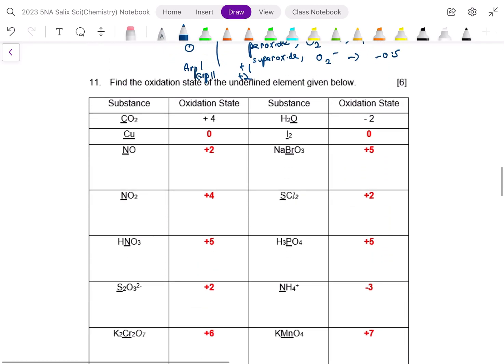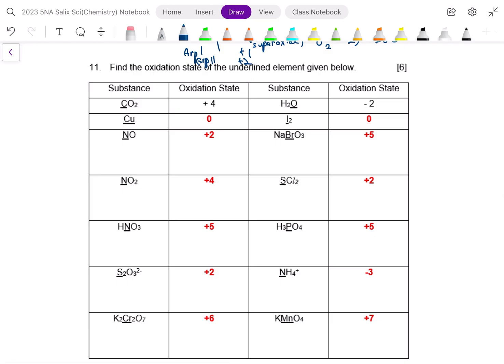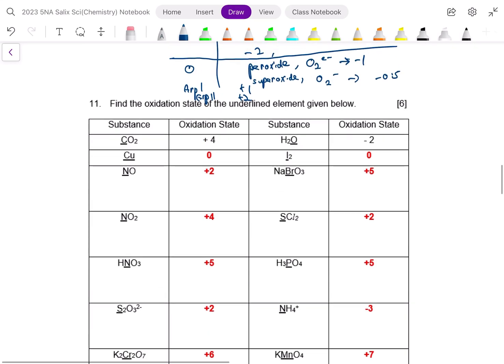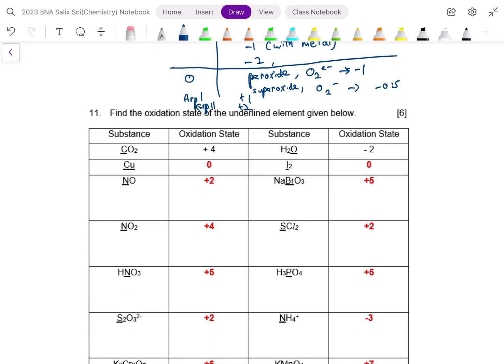So, for question 11, I'm going to start with the structured question. We are going to look at how to calculate the oxidation states first. Let's take a look at this one. These two cases, the oxidation state is 0 because they are elements.